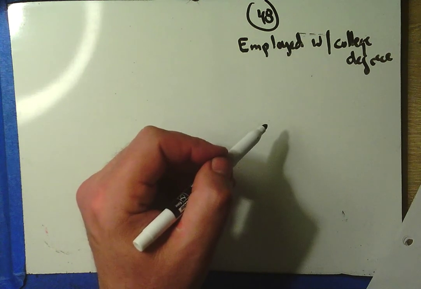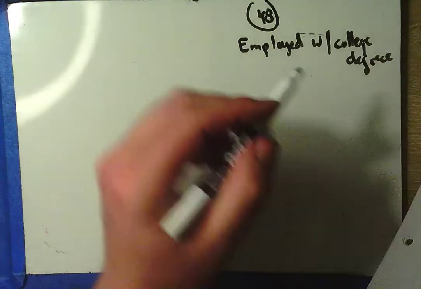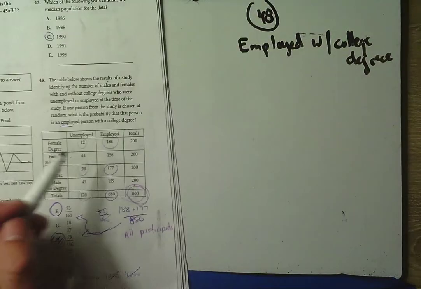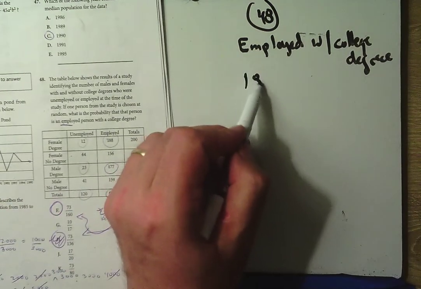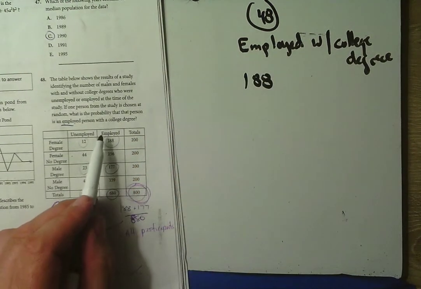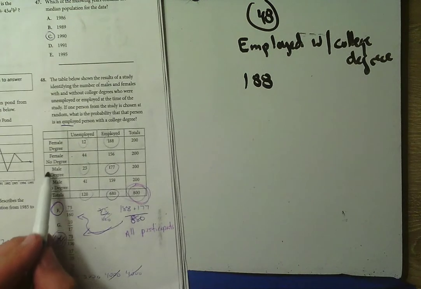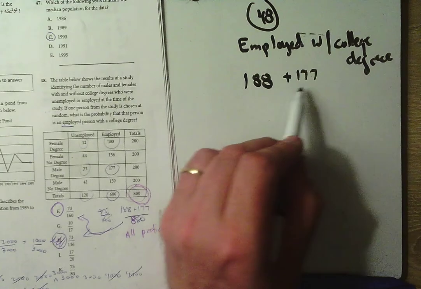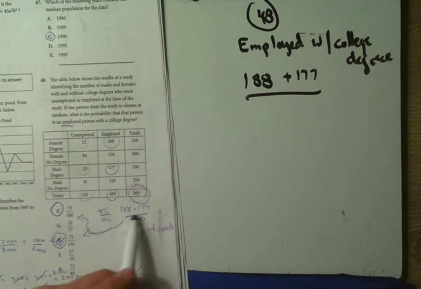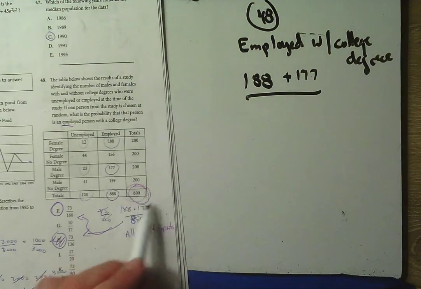When we look at employed people, I see here in the table that employed people with a degree, female, is 188, and employed male with a degree is 177, and there are a total of 800 people in this.